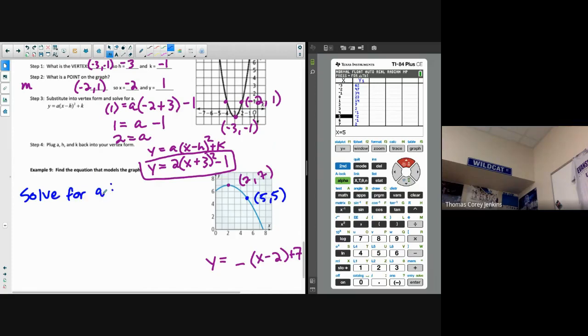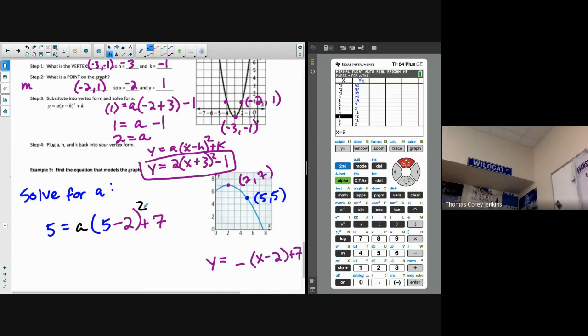All right, so we have my y value, which is y, equals what we're solving for, which is a, times the quantity x, which 5 is our x value, minus h, so minus 2, plus k, so plus 7. So there's a lot to that, but you can pause and rewind and do what you need to do on the video. Okay, and again, I forgot the squared, so don't forget that part.